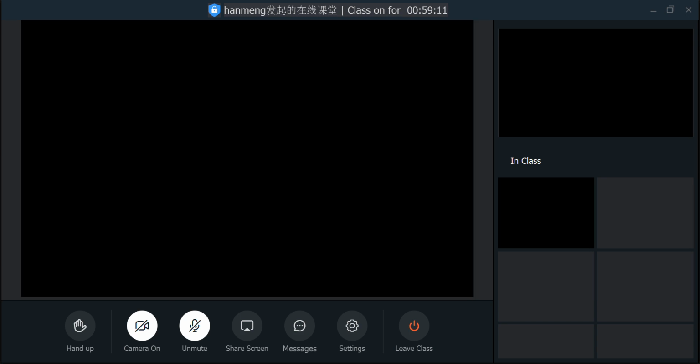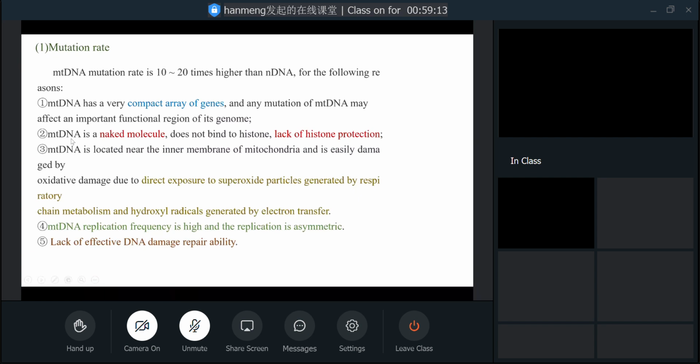And second, the mitochondrial DNA is a naked molecule. It does not bind to histone, so it lacks histone protection.